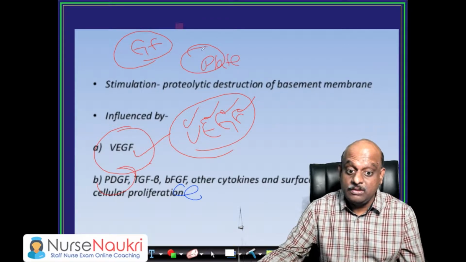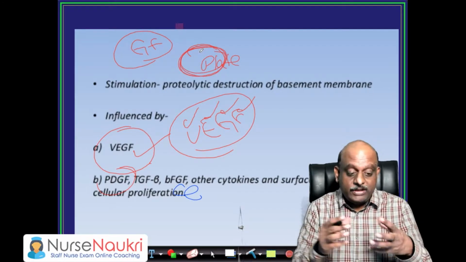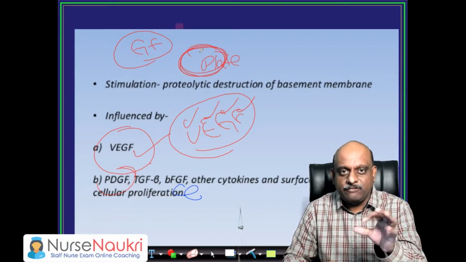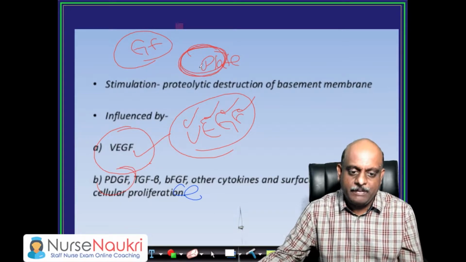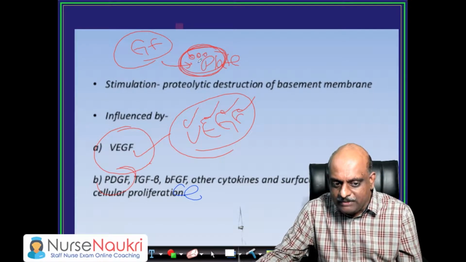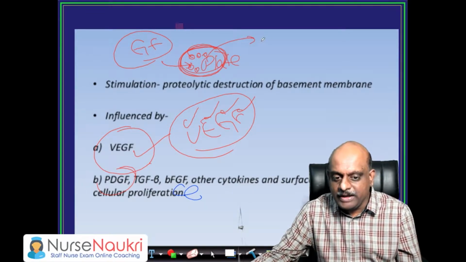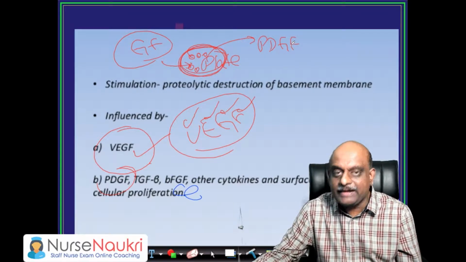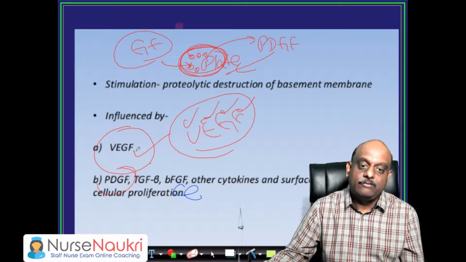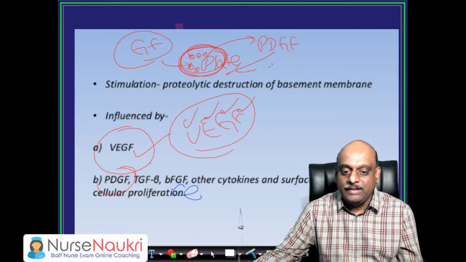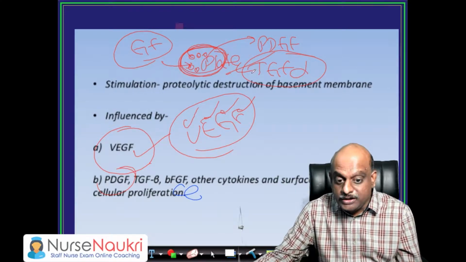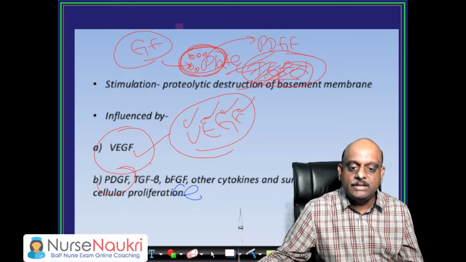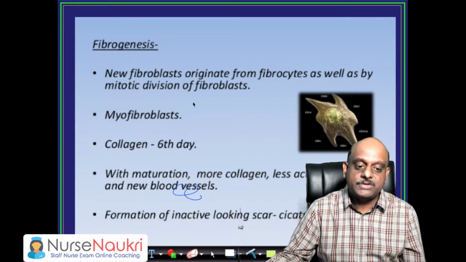Platelets, we only think they are meant for clot formation, but a platelet is like an atom bomb, sister. Remember, it contains a lot of chemical mediators. One of them is the platelet derived growth factor. It will also help the wound to heal. Then there is TGF alpha, transforming growth factor alpha, it is called. These are the various growth factors which are produced.